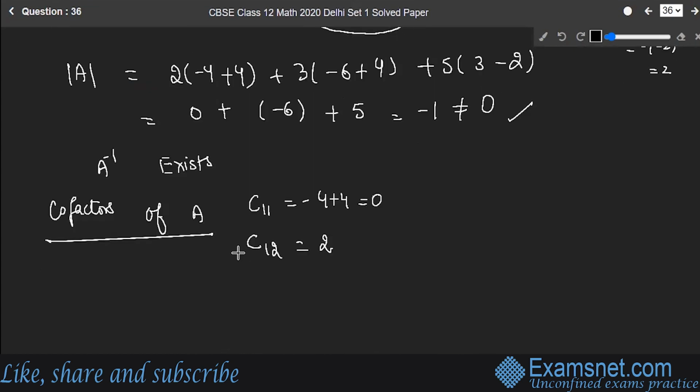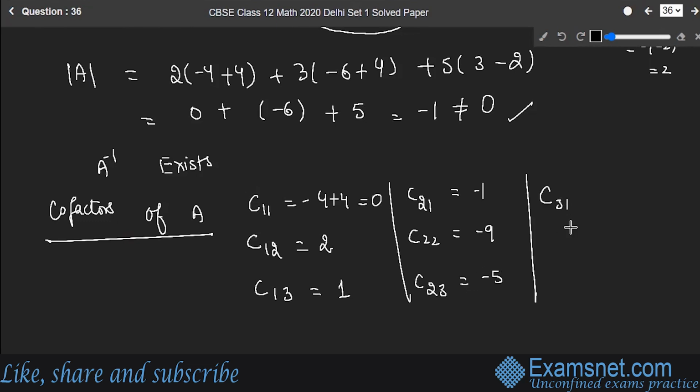Similarly, when you will solve for first row, third column, it will evaluate to be 1. Second row, first column on evaluation, it will give you minus 1. Second row, second column on evaluation will give you minus 9. Second row, third column will give you minus 5. Third row, first column, second column, and third column. This is 2, 23, and 30.